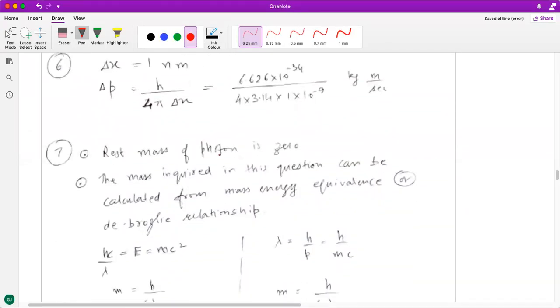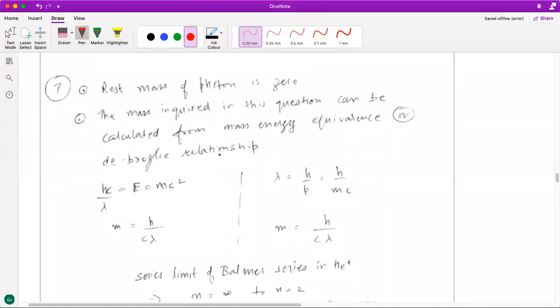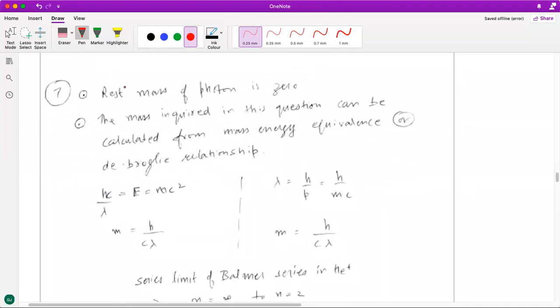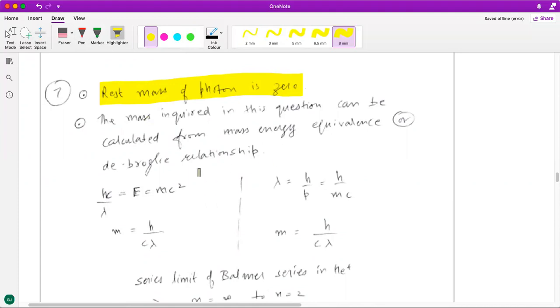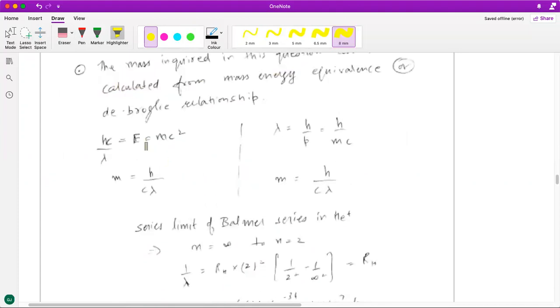All right, sixth question, straightforward, just apply the formula, get the answer. Seventh question sometimes is a question that students raise a doubt with, saying that the rest mass of photon is 0, which is the correct thing, but the mass inquired in this question is not the rest mass. It is something which is as per the mass energy equivalence. So either you can use E is equal to mc square, and that energy of photon is hc by lambda, and get the answer of m as hc by lambda, or you can use the de Broglie relationship also.